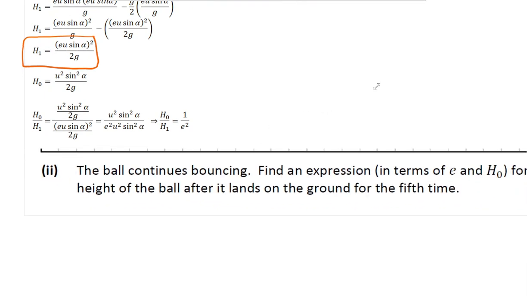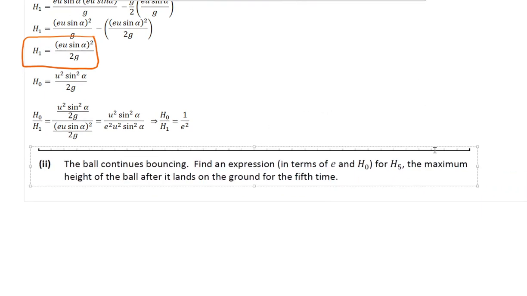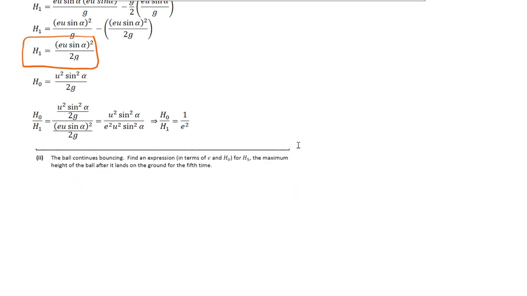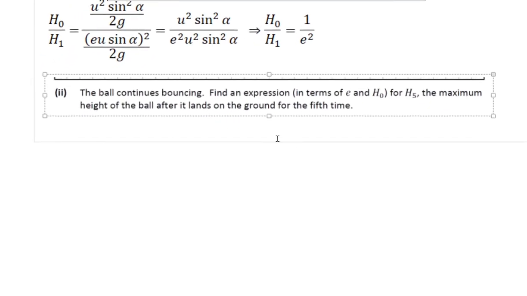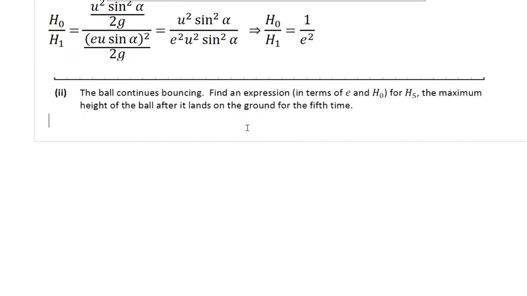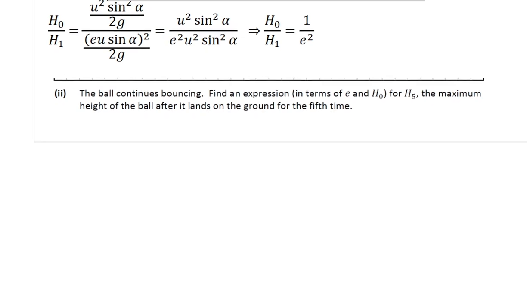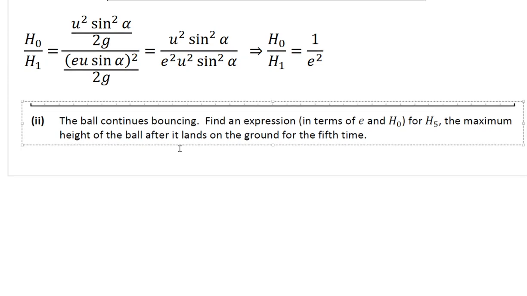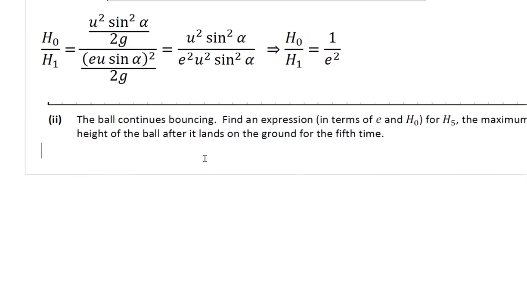Find an expression in terms of E for H5. So find an expression for H5: the maximum height of the ball after it lands on the ground for the 5th time.